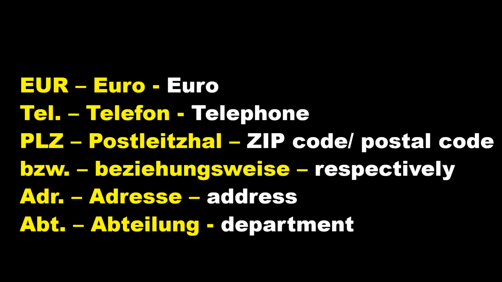Very easy to understand: Adresse. German word is Adresse. In English, address. Next one here is ABT, which stands for Abteilung. Abteilung, that is department in English.